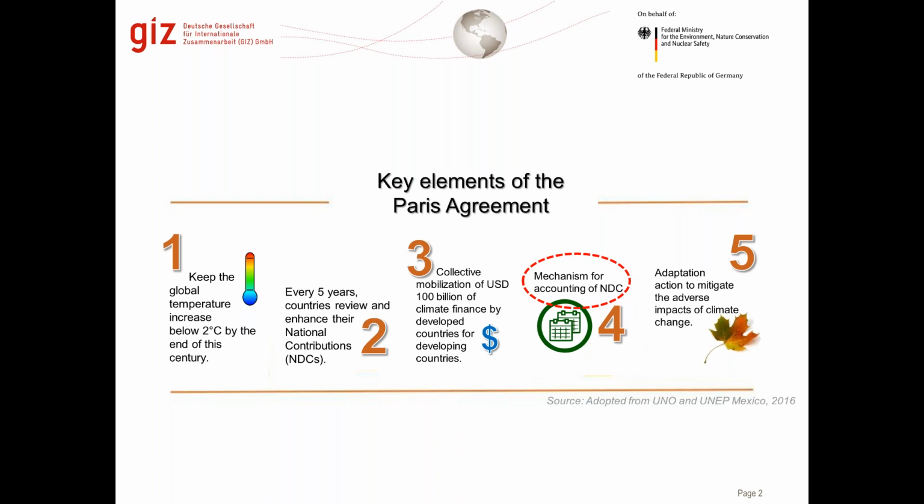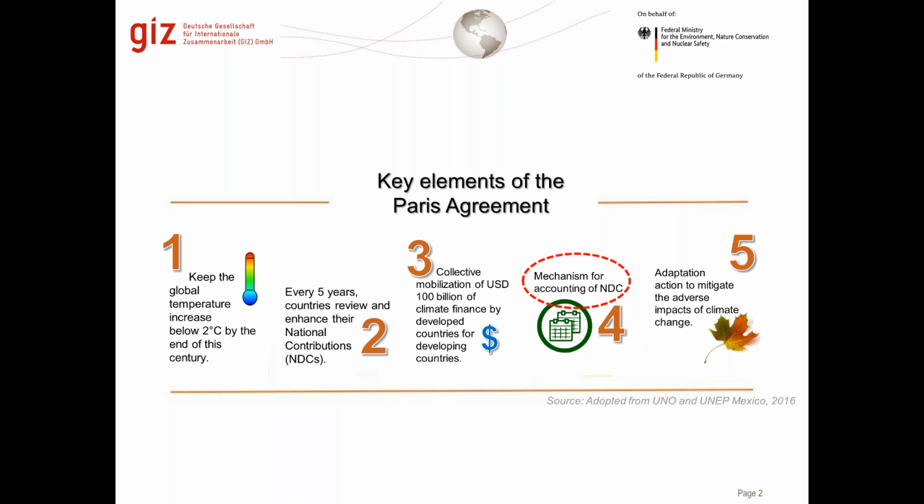As you can see, there's the 2-degree target, or the temperature limitation target of the Paris Agreement, and also the NDCs. As a second basic element, the mobilization of 100 billion of international climate finance.